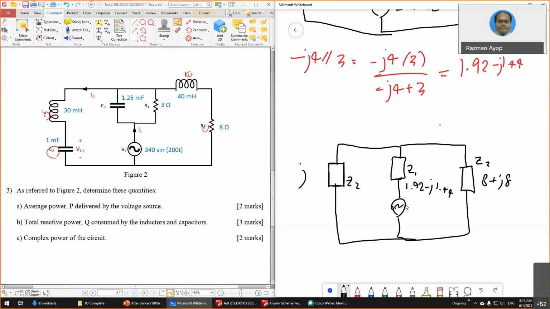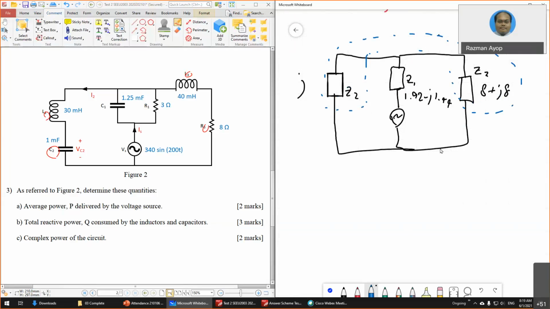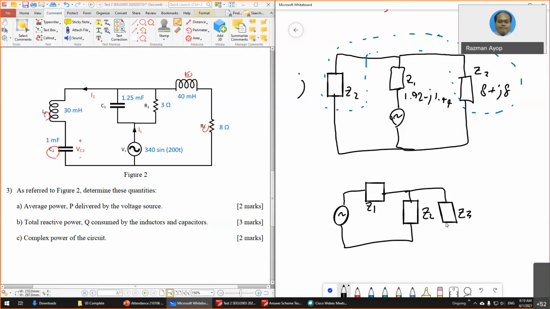So you can see here, this one is parallel to this one. Make sure you know how to determine which is parallel and which is series. If I draw this again, it basically looks like this: Z1, Z2, Z3.